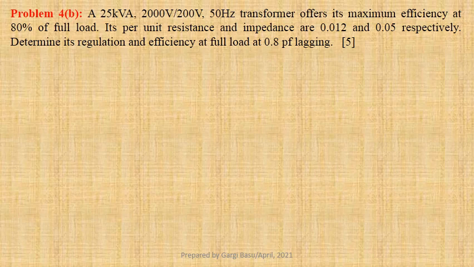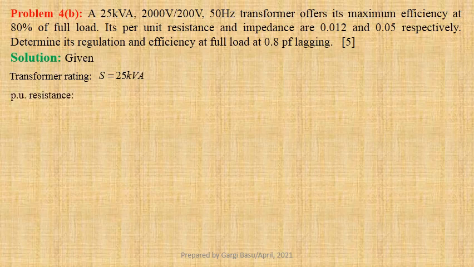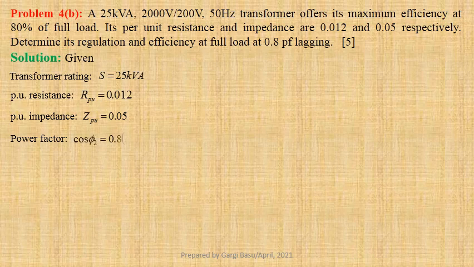Let us first jot down the given data. Transformer rating S equals 25 kilovolt ampere. Per unit resistance R per unit equals 0.012. Per unit impedance Z per unit equals 0.05. Given power factor cos phi 2 equals 0.8 lagging.